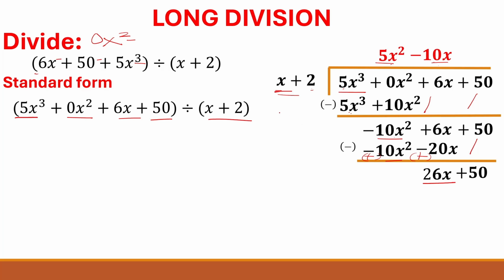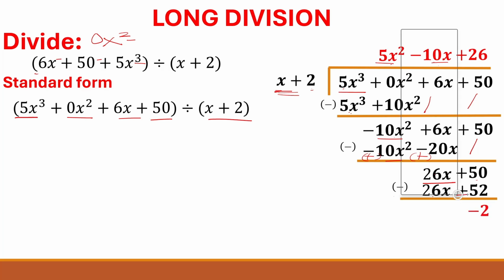So 26x divided by x, so magka-cancel na yung x doon, so natira is 26. 26 times x, so you have 26x. 26 times 2 is plus 52. You subtract, then 26x minus 26x, 0. 50 minus 52, so that is negative 2 because yung 52 magiging negative.